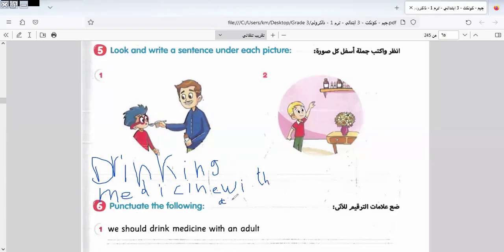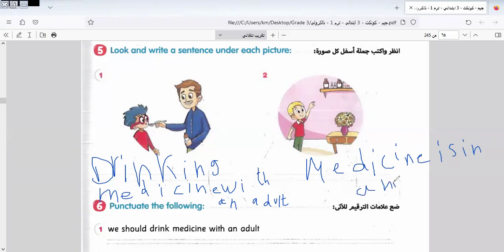Okay. Here we have medicine is on a high shelf. The high shelf to what? To be safe. To be safe.